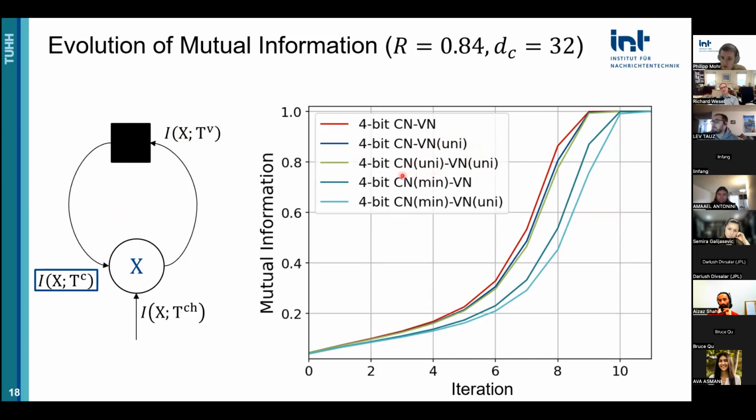If we do a restriction to the minimum approximation, we see more degradation here. Since the minimum approximation is often used in practice, we know that the uniform will probably work well too.